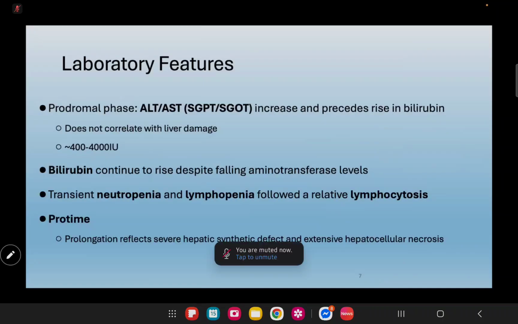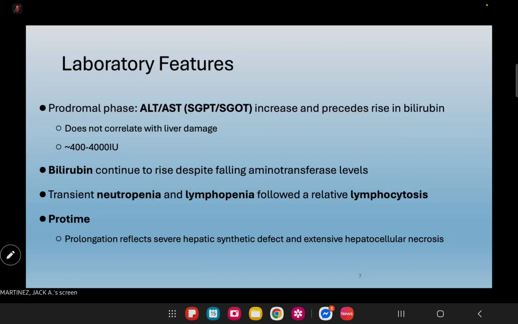So laboratory findings mirror the clinical phases. During the prodromal phase, there is an early rise in aminotransferases. When we say aminotransferases, that is the ALT and AST, often reaching about 400 to 4,000 international units per liter. Remember, the degree of enzyme elevation does not correlate with the extent of liver damage.